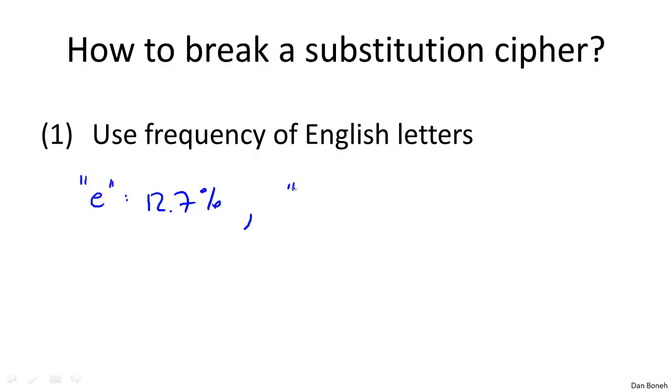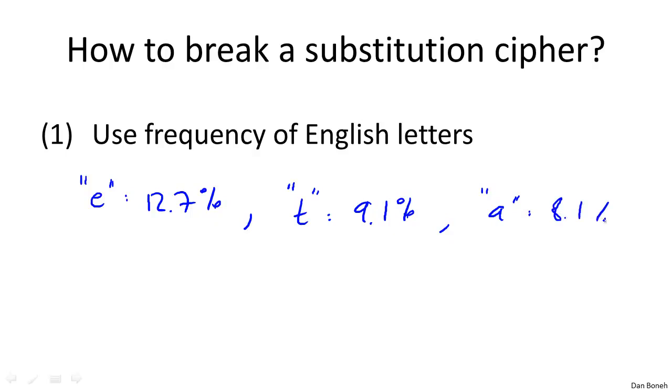The next most common letter in English is the letter T, that appears about 9.1% of the time. So again, I count how many times each letter appears in the ciphertext, and the second most frequent letter is very likely to be the encryption of the letter T. So now I've recovered the second entry in the key table. And I can continue this way. In fact, the letter A is the next most common letter.